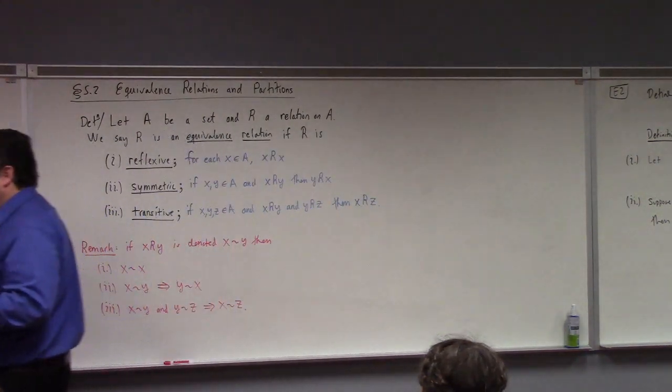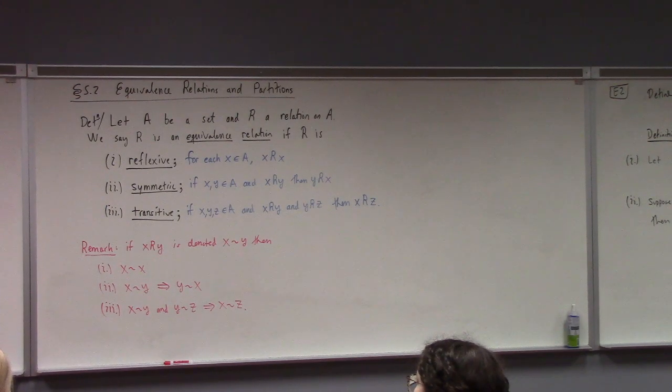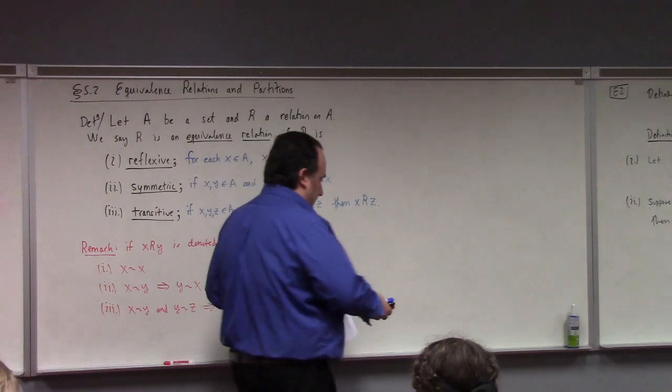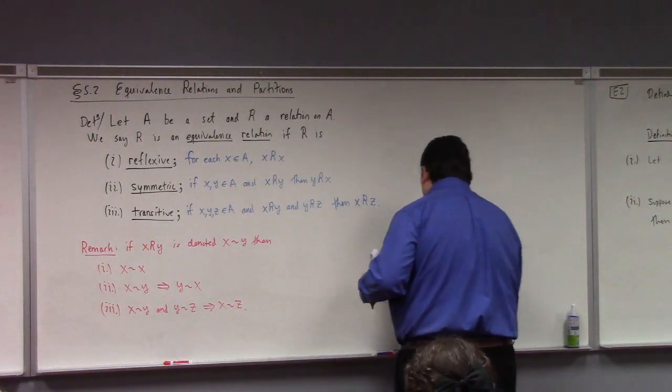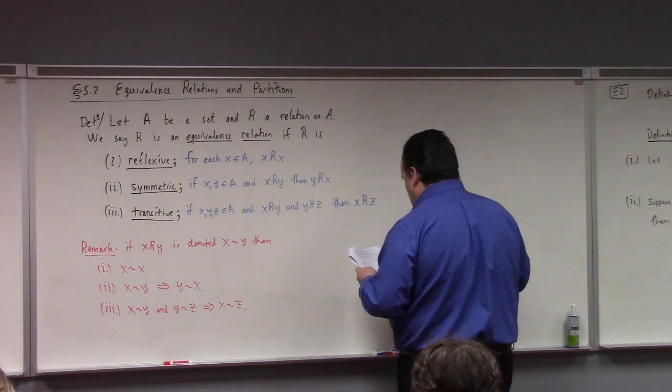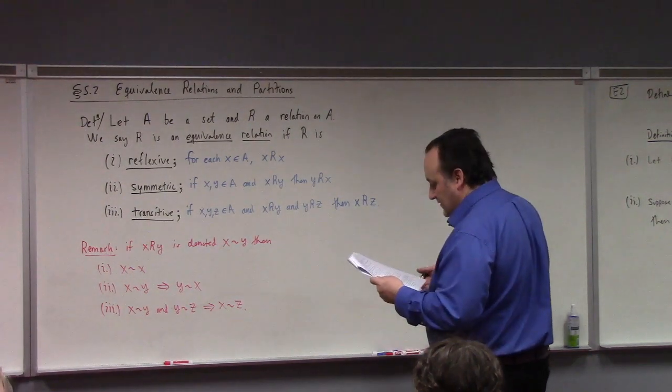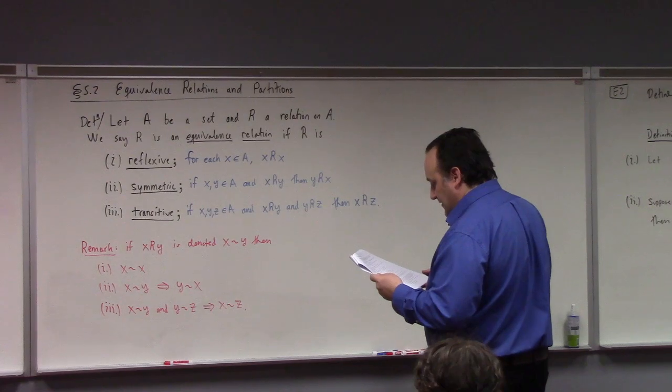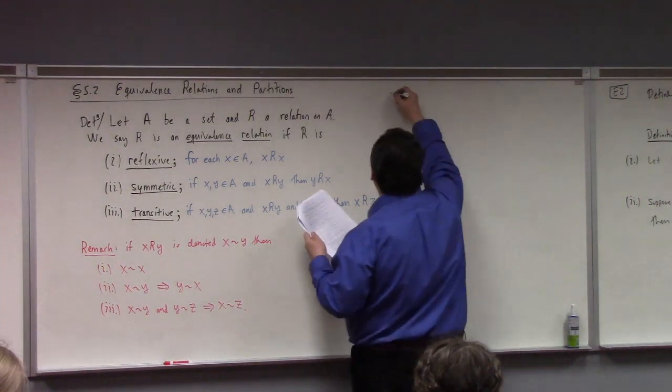Here's something to think about. If you go back to last class and look at the different relations that we had, the question you can ask is, are any of those equivalence relations? To answer that question, it might be a little bit hard to see, but it will become very easy once we get the next idea in front of us. We're not quite there, but we'll get there.